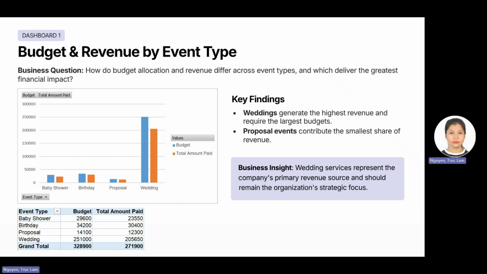This relationship is expected because weddings usually require more services, larger venues, and higher guest capacity. What's interesting is that the higher investment is also associated with a higher financial return, and this suggests that the company's spending on wedding events is creating business value.